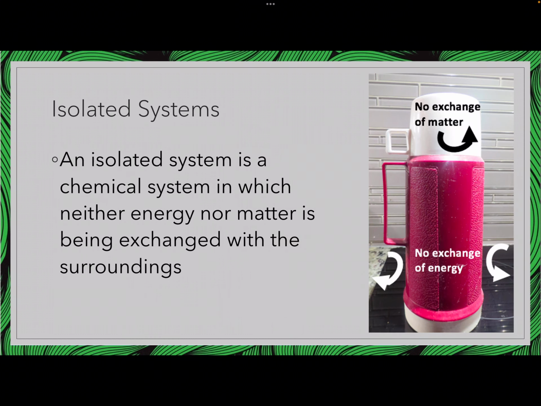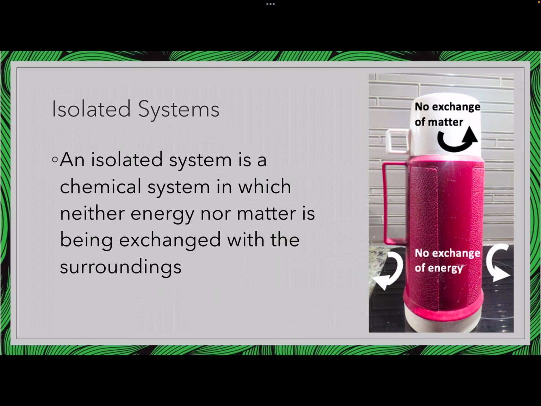The other type is an isolated system. This is probably the best analogy we can give you for an isolated system, which is just a thermos, in which no matter is exchanged, no energy is exchanged. It's isolated from the rest of the universe. Now, obviously, a thermos will eventually warm up.